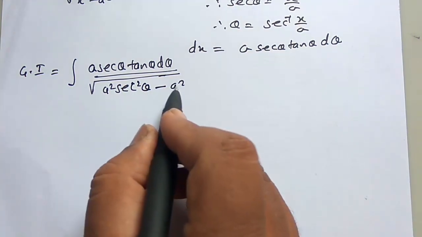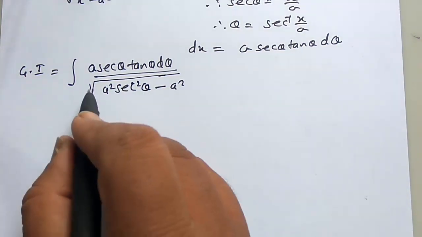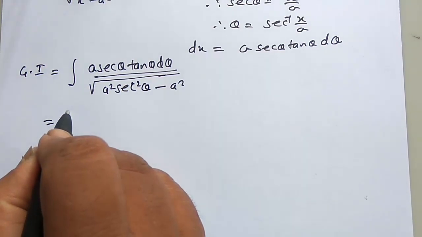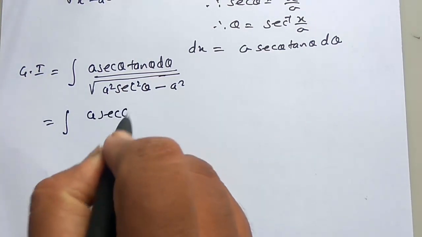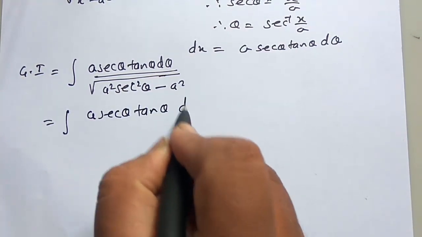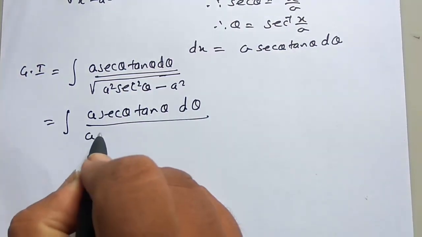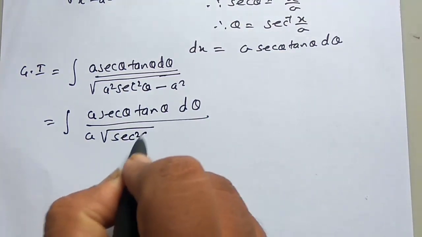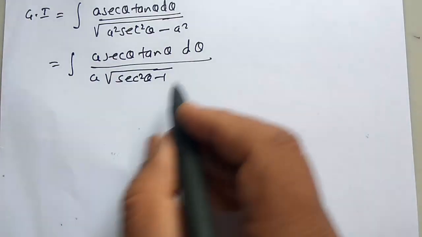Taking a square common, out of the radical sign, this is equal to integration a sec theta tan theta d theta upon a under root of sec square theta minus 1.